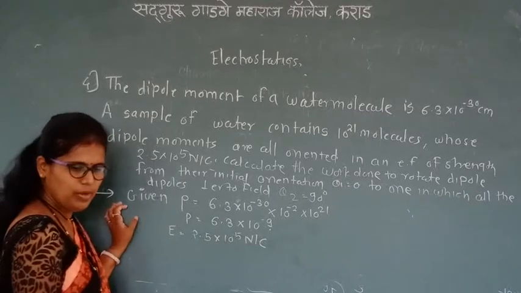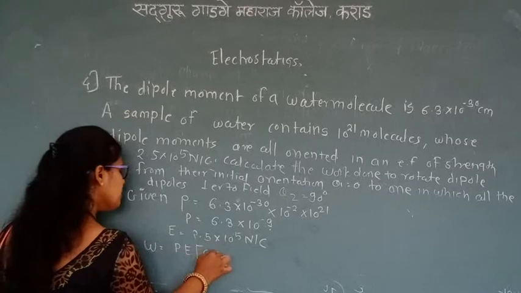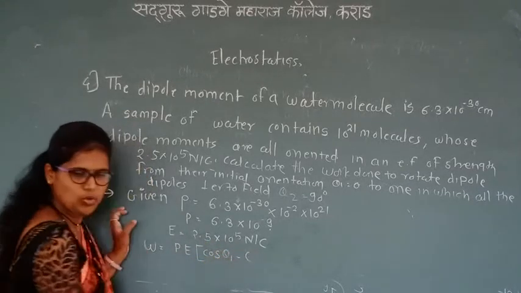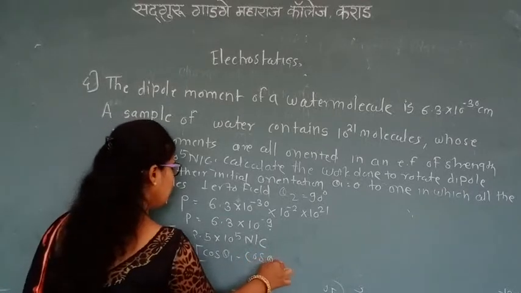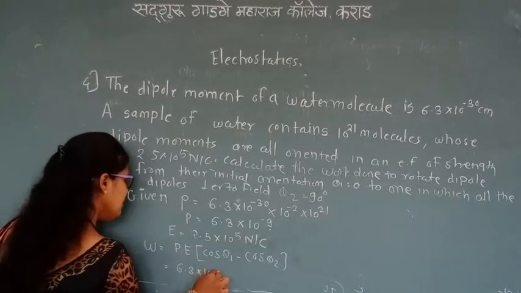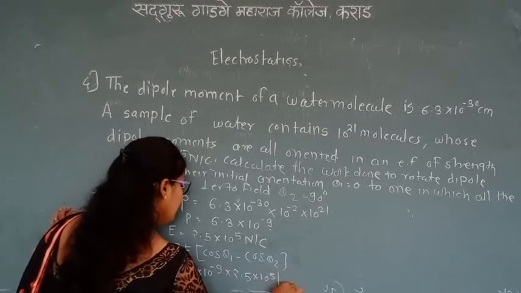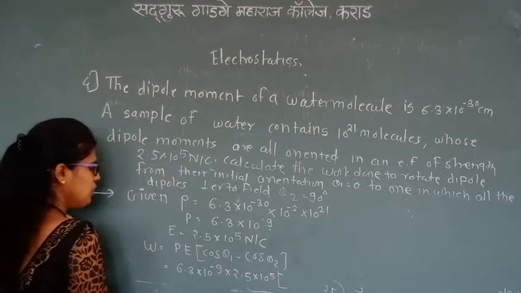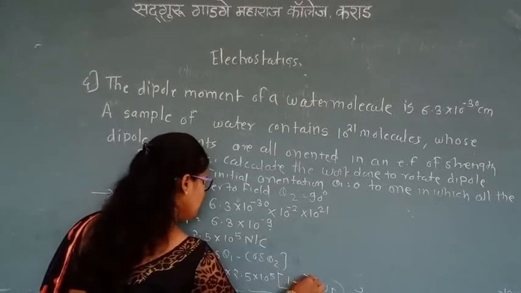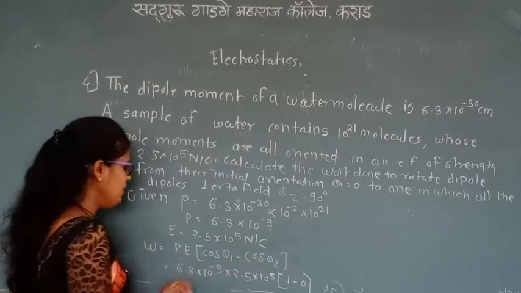Now we have to know the formula. W is equal to PE times cos theta 1 minus cos theta 2. Here P is 6.3 into 10 raised to minus 9 into 2.5 into 10 raised to 5, and cos 0 is 1 and cos 90 is 0. So we get 1 minus 0.